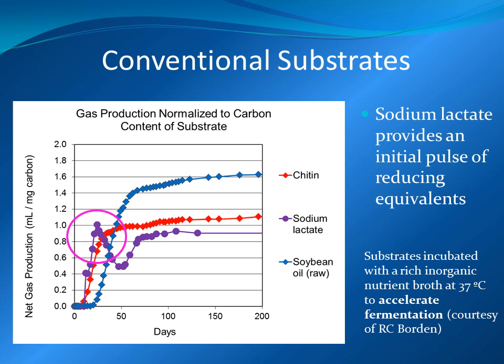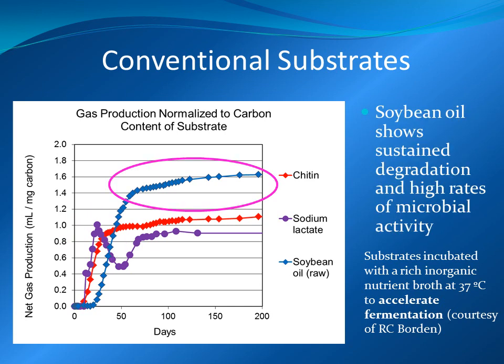Sodium lactate provides an initial pulse of reducing equivalents, as we can see here. And then looking at soybean oil as compared to other donors is showing a more sustained degradation and higher rates of microbial activity once it passes the initial lag phase.